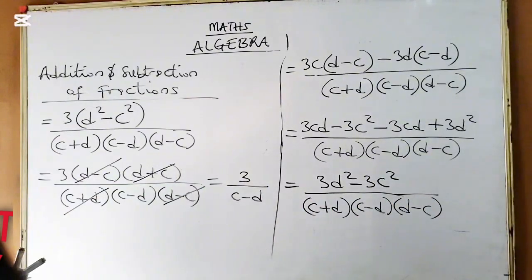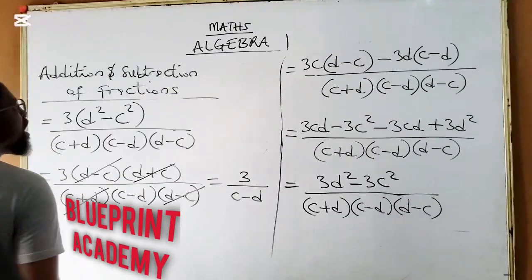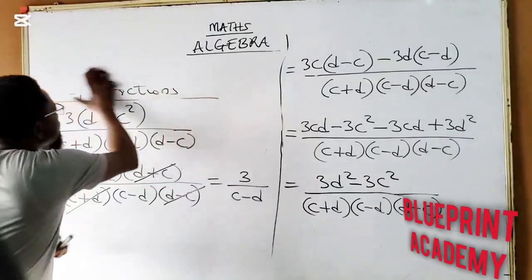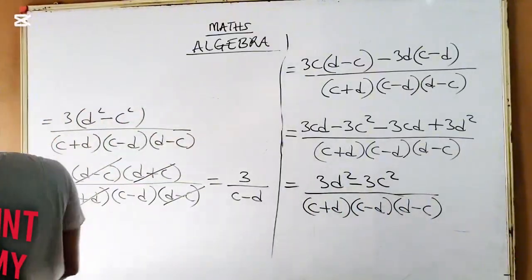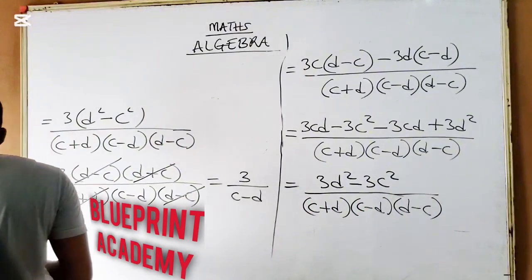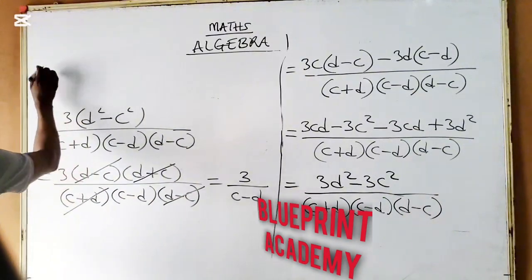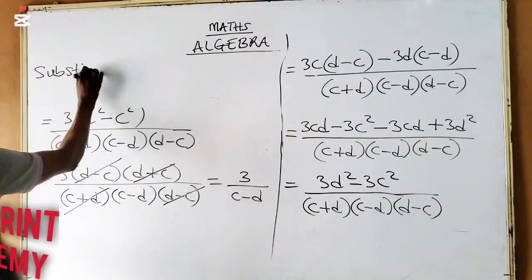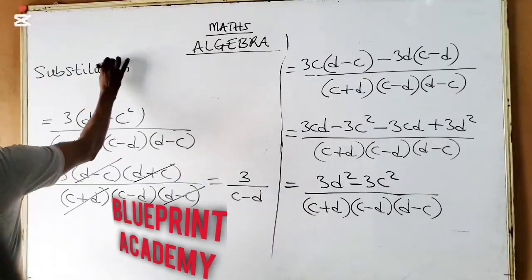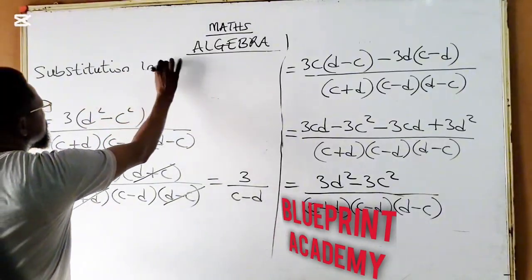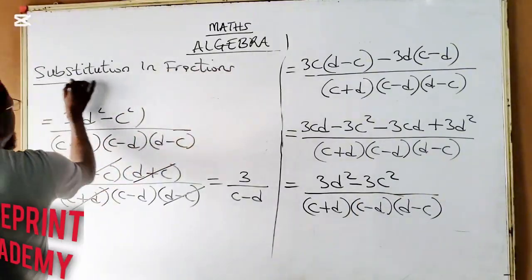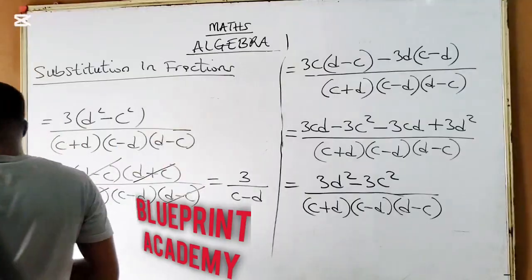There are a few things left under algebra or algebraic word processes that we need to look at. Let's look at the next part, which is substitution in fractions. So we're still looking at fractions in what? Algebra.